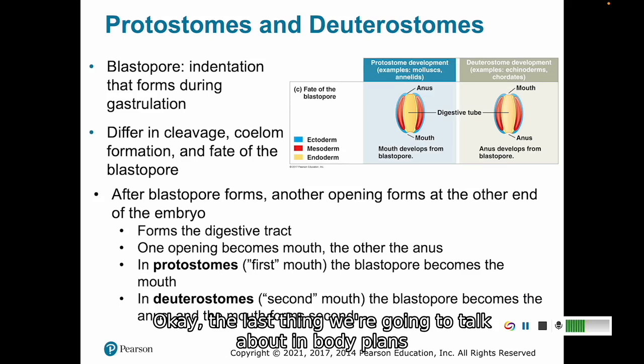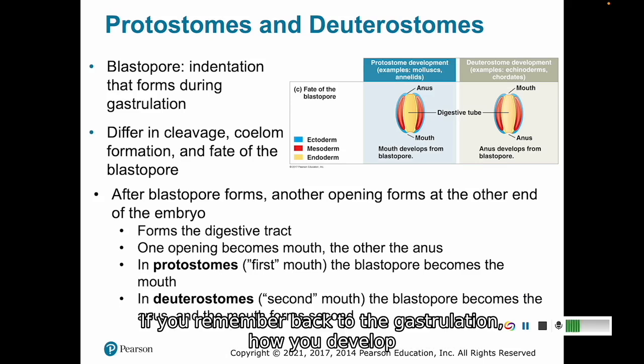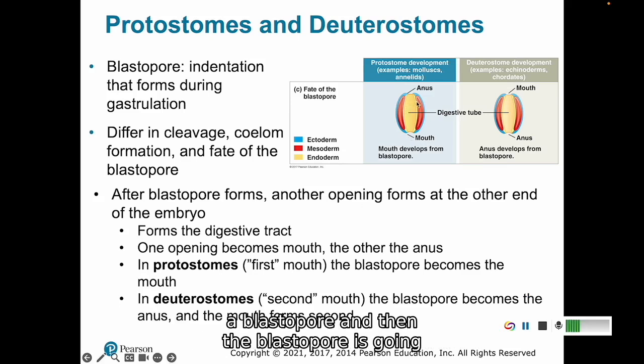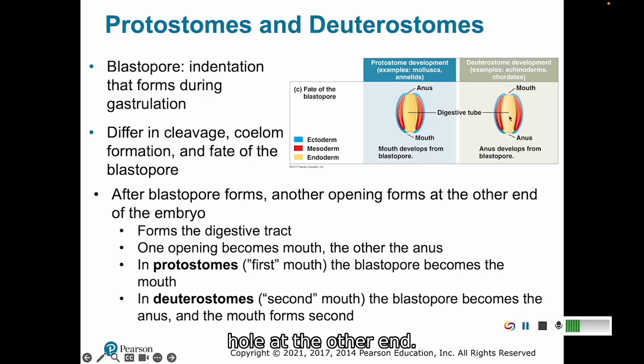Okay, the last thing we're going to talk about in body plans are protostomes and deuterostomes. If you remember back to gastrulation, you develop this indentation that becomes a blastopore, and then the blastopore is going to keep growing through and create a second hole at the other end.